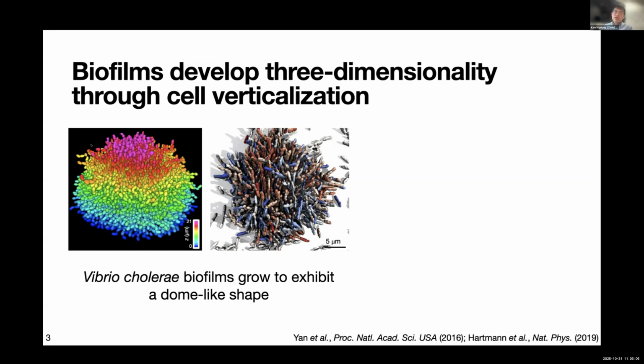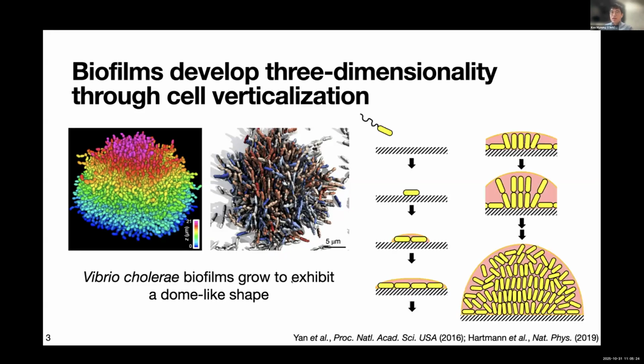What's immediately striking about this picture is the dome-like shape. These biofilms grow to exhibit this very three-dimensional dome-like geometry that, for instance, a bacterial colony on agar would not develop, at least within the same time scale. And we now understand that this process is driven by cell verticalization.